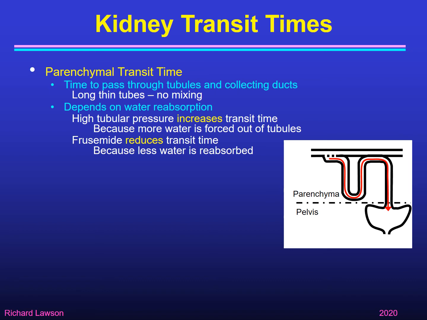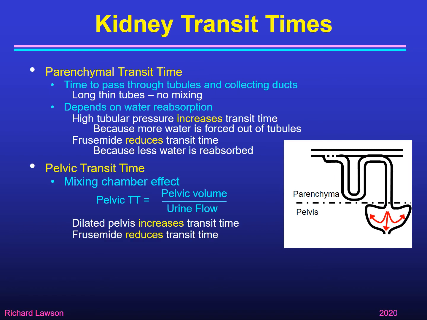And as I said, if you've got a high pressure in the tubules because of an obstructed system, that will increase the transit time because it forces more water out, and so the water takes longer to get through, and therefore the radiopharmaceutical will take longer. But frusemide has the opposite effect. It will reduce the transit time because less water is reabsorbed, so the radiopharmaceutical goes down through the tubules more quickly.